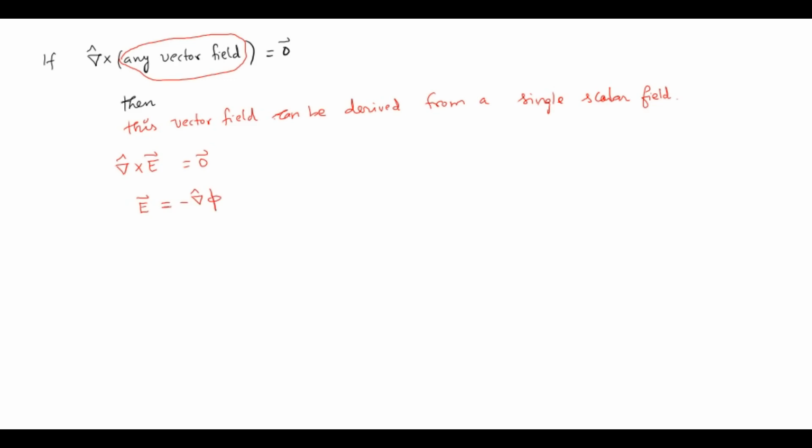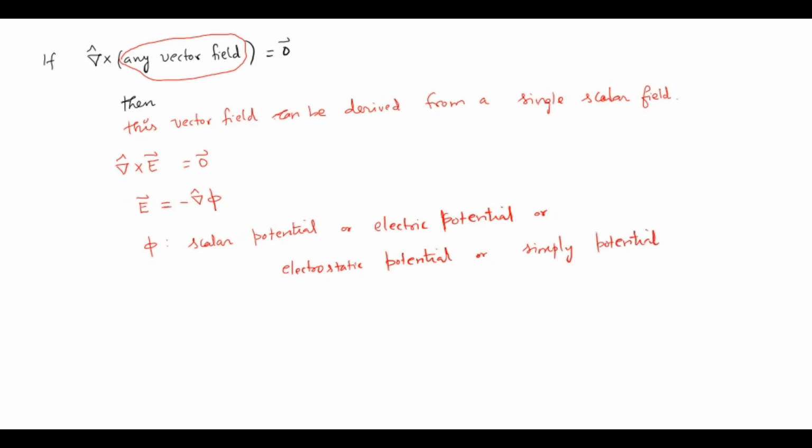So phi is called the scalar potential, or electric potential, or sometimes electrostatic potential, or simply it is called potential.